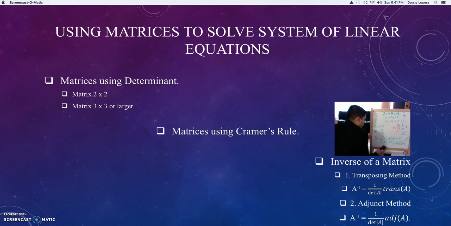Okay. If you want to check this, you have x equal to 4. Then you can replace this value in any of the original equations.